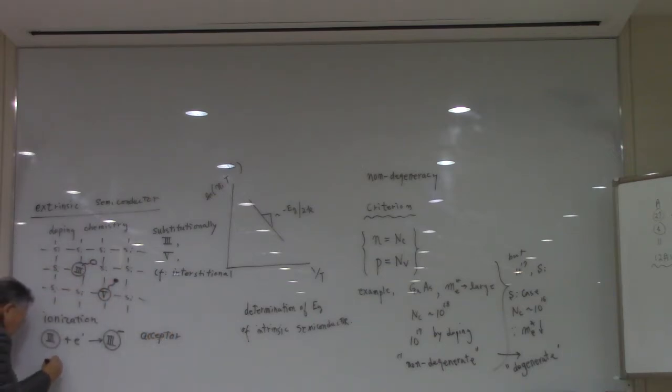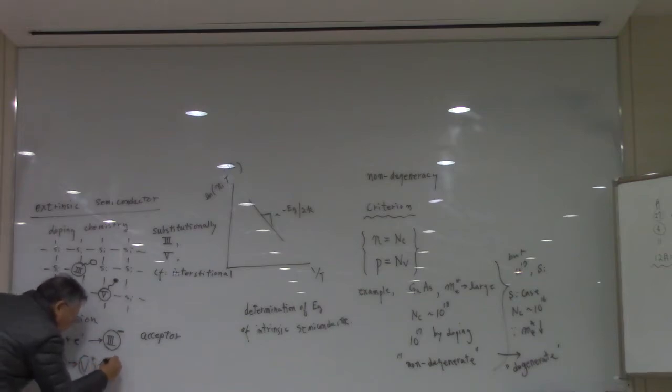And then group 5 gives up one electron, is charged positively, and renders one electron.